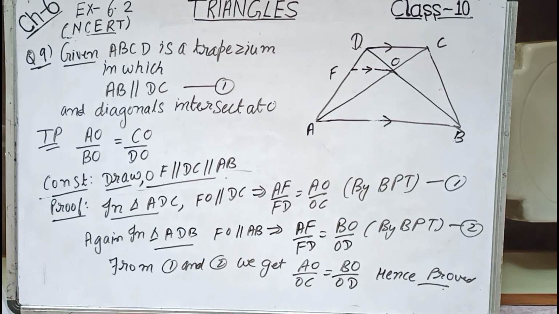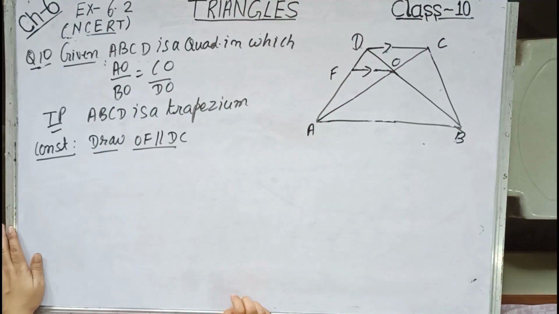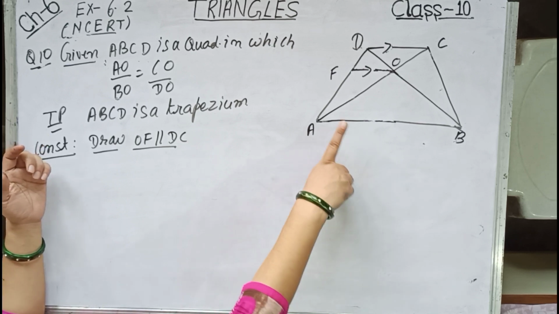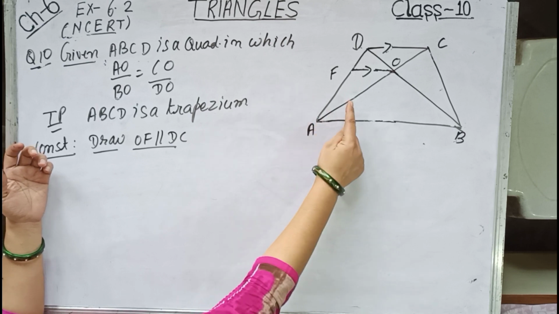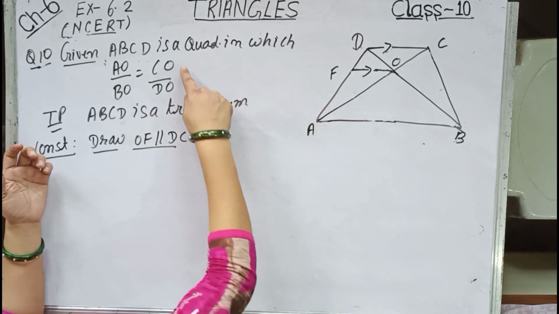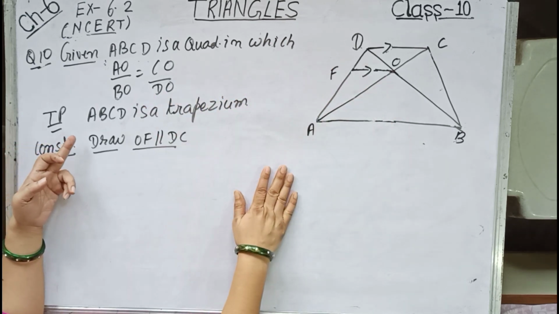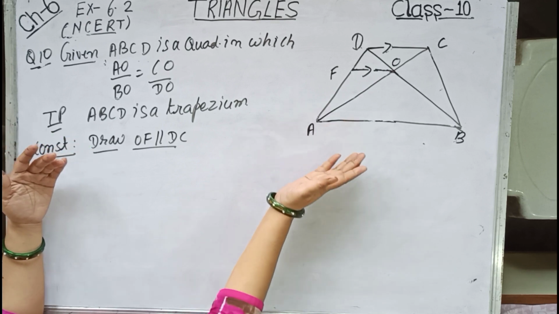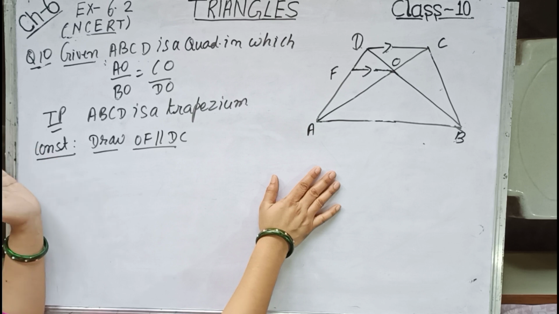Now question number 10. Question number 10 of exercise 6.2. It says that ABCD is a quadrilateral in which AO by BO equals CO by DO. We have to prove that ABCD is a trapezium. That is, we have to prove a pair of lines to be parallel.